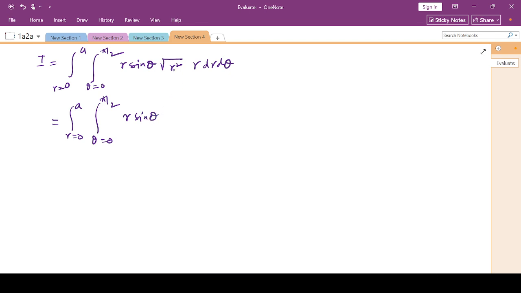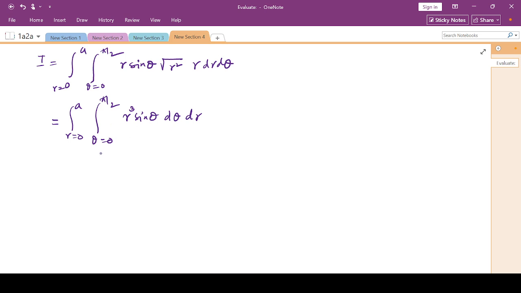This is square root of r square, which is r, into r is r square, into r is r cube into sin theta into d theta dr, or you can write dr d theta, it doesn't matter because the limits are constant.